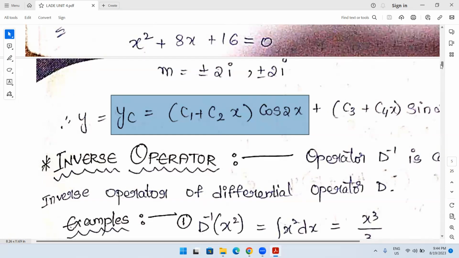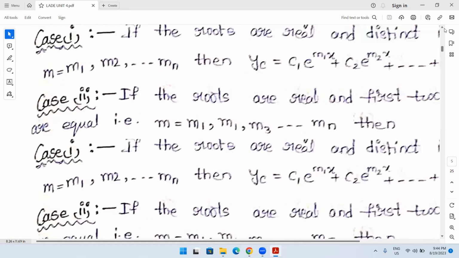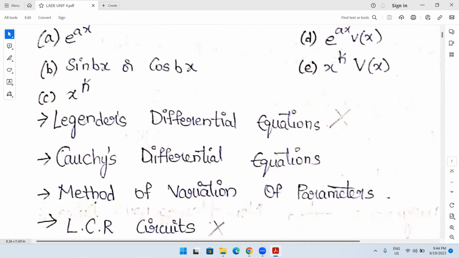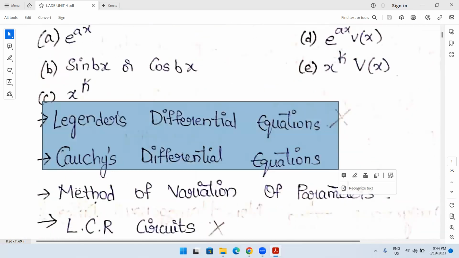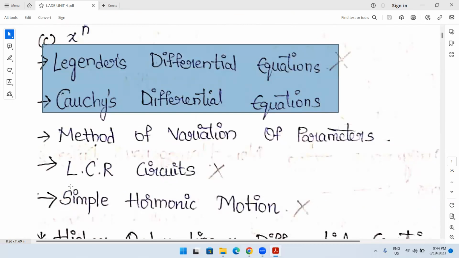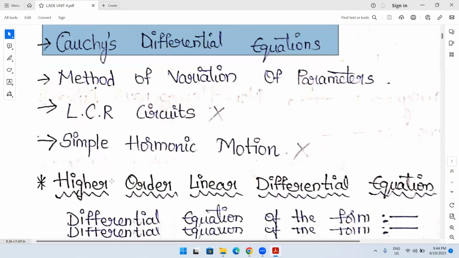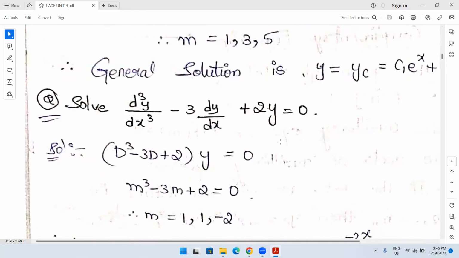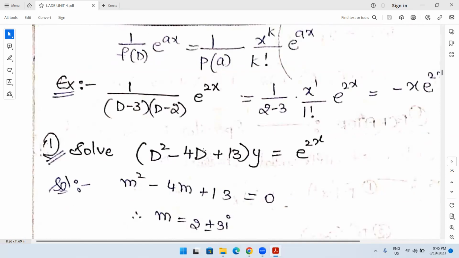Homogeneous, non-homogeneous, Legendre's and Cauchy's, method of variation of parameters, in every topic we need YC. So we can practice them later.